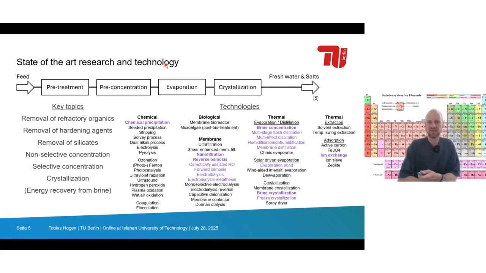The amount of technologies, or the tree of technologies, that are covered in the publications is really big, but a lot of them are at lab scale maturity grade, and they are trying to cover a really specific problem.